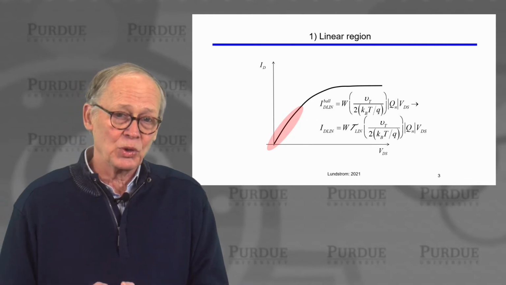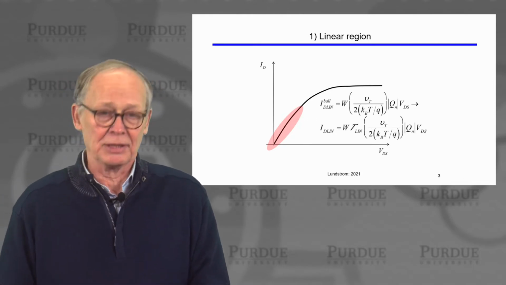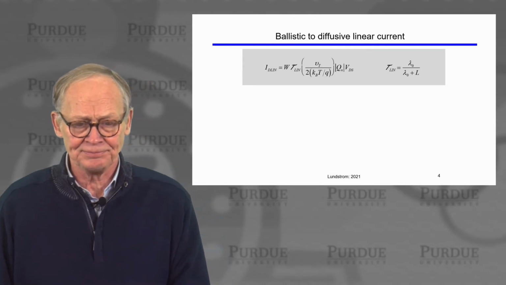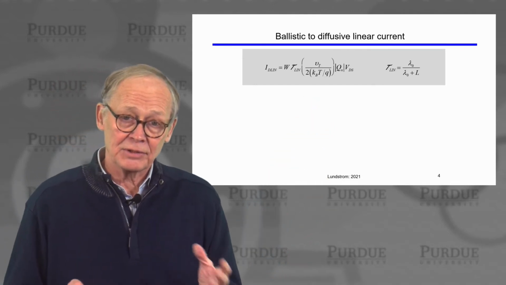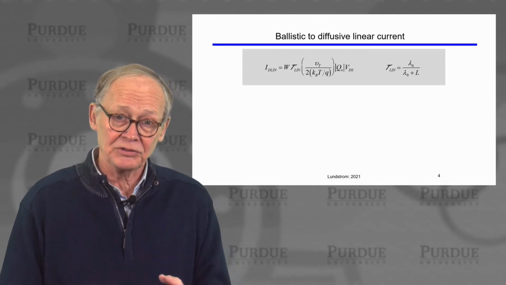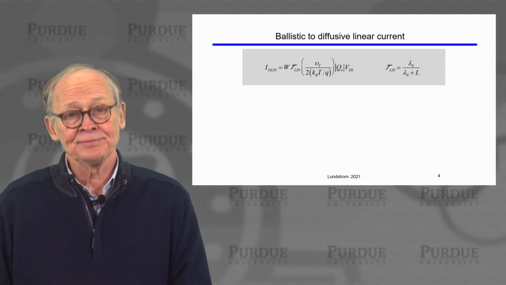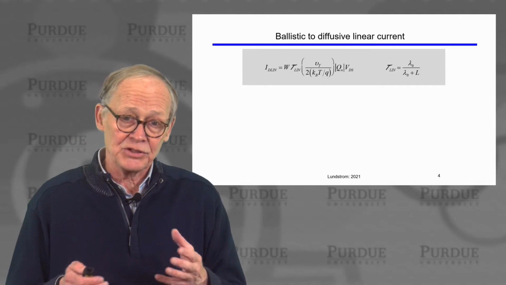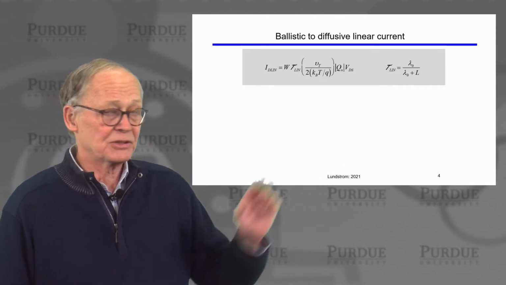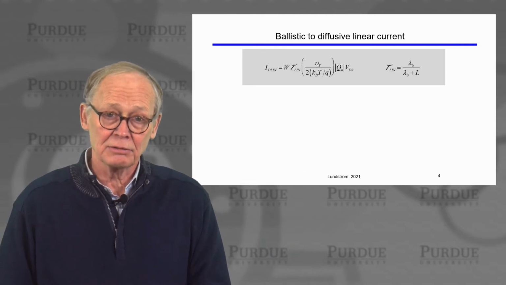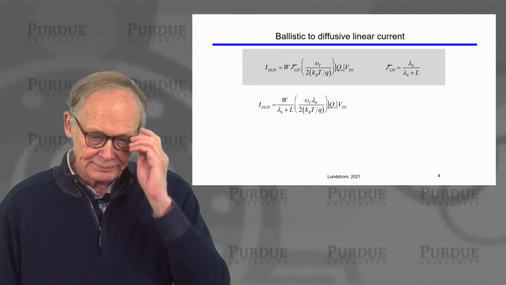So we don't have to work out any new integrals. We simply multiply by the transmission. So this is our expression. This should treat the MOSFET from the ballistic to the diffusive limit, depending on what the channel length and mean free path is. So we have a transmission theory of the linear region of the MOSFET.